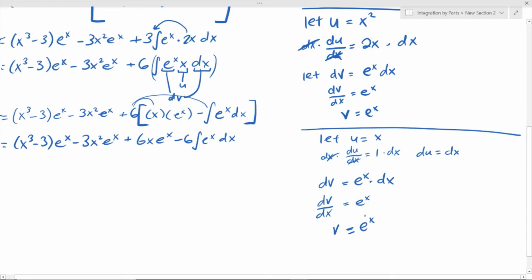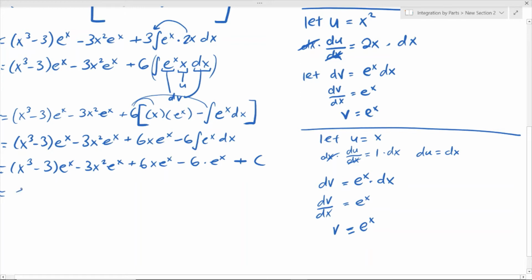So let's copy this first. Minus 6, so this is going to be e to the exponent of x, simply. That's the integral. And when we get rid of the integral sign, it means we need to put this constant right here.